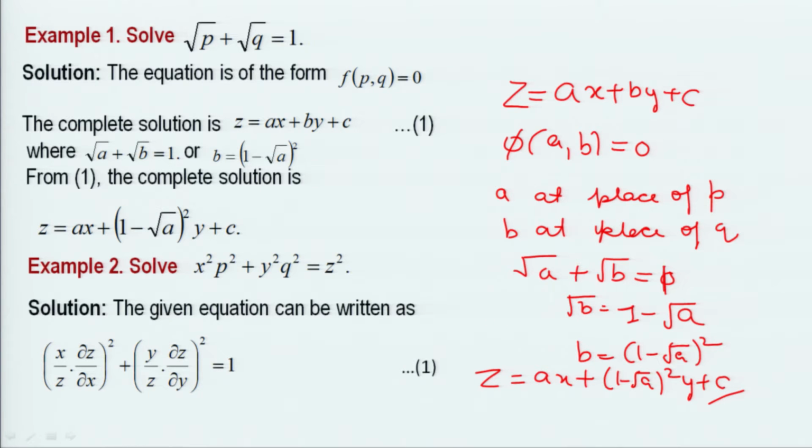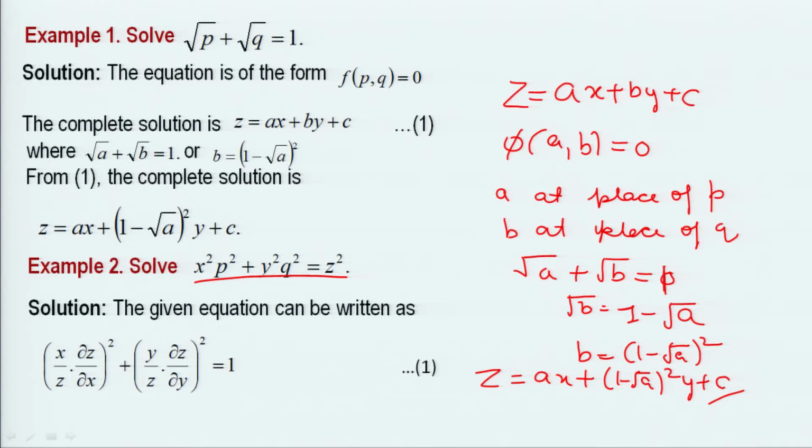Now, solve the next equation: x squared p squared plus y squared q squared equal to z squared. This equation contains x, y, z and also p, q. At first this is not type first, but we can reduce it to the form of type first.